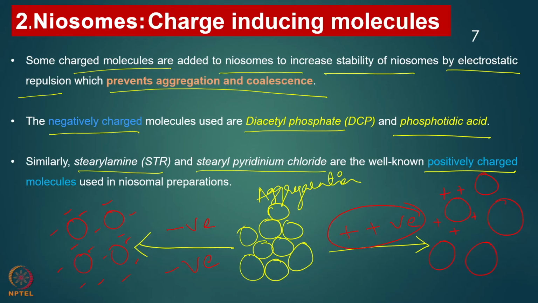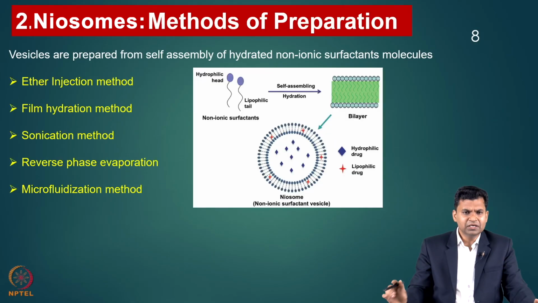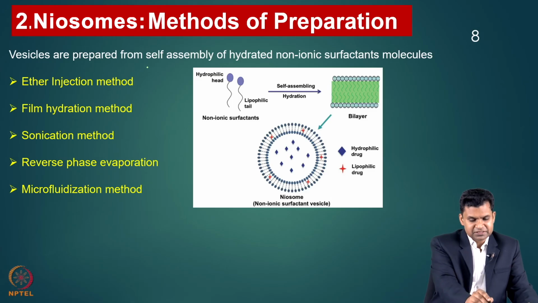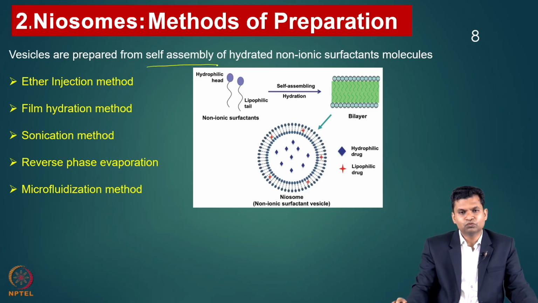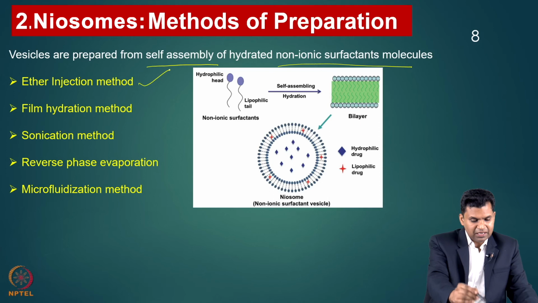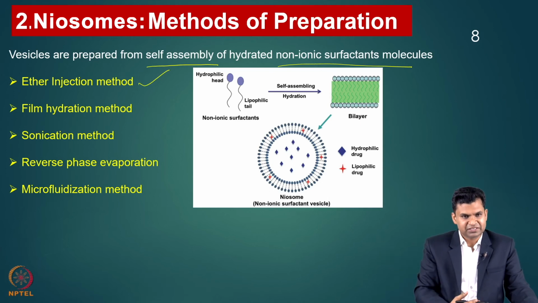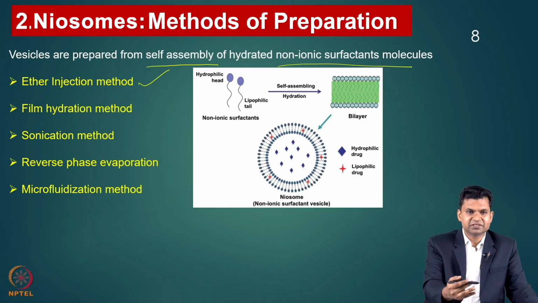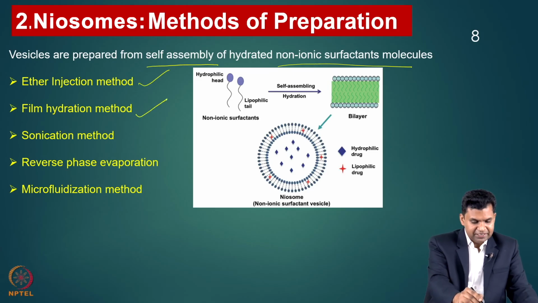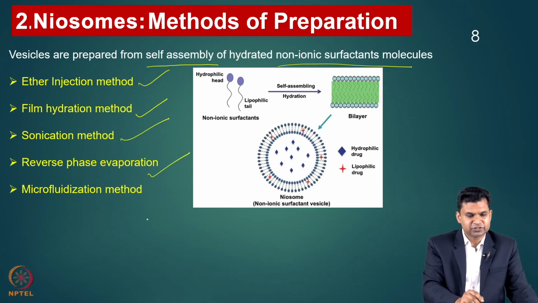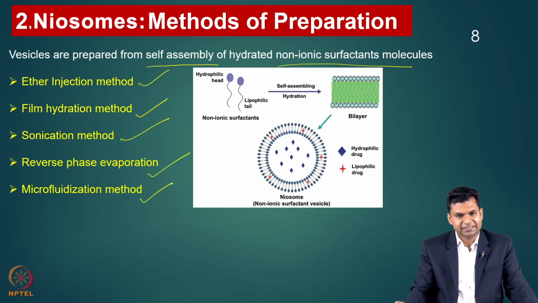Now, these are the various preparation methods which will help to form the niosomes by using the non-ionic surfactants. As we have seen in the case of liposomes, similar types of methods can be seen here. Ether injection method we have seen, film hydration method, the sonication method, reverse phase evaporation method, and microfluidization techniques.